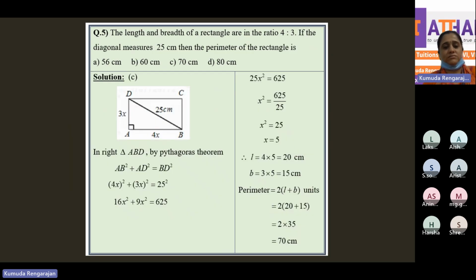That's what is here. The Pythagoras theorem, very important. You use it in so many places in this chapter.